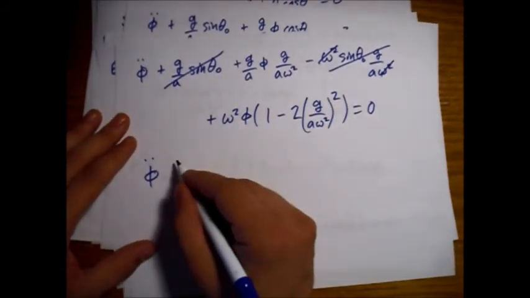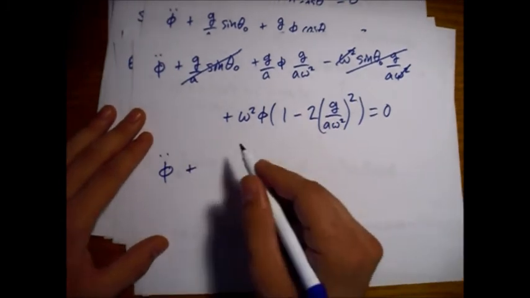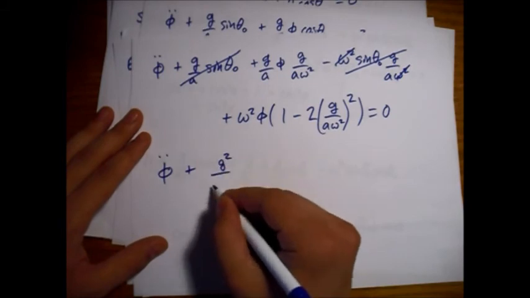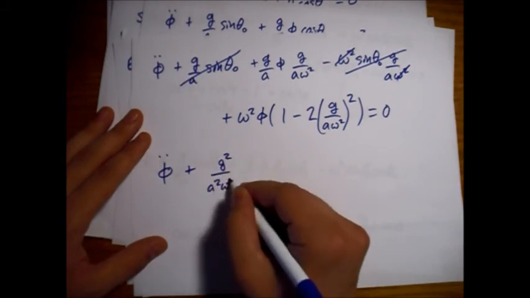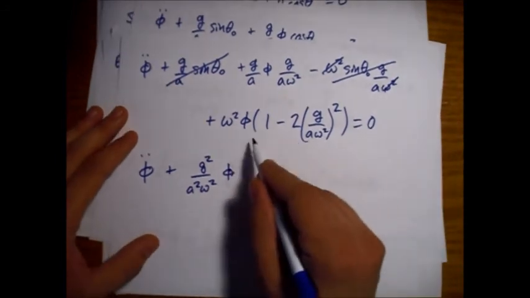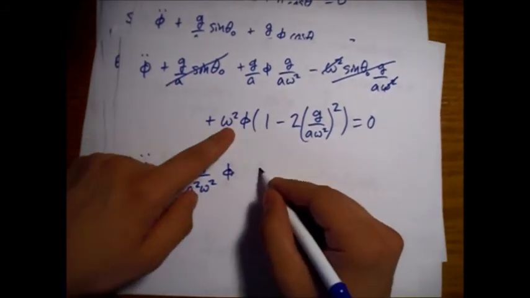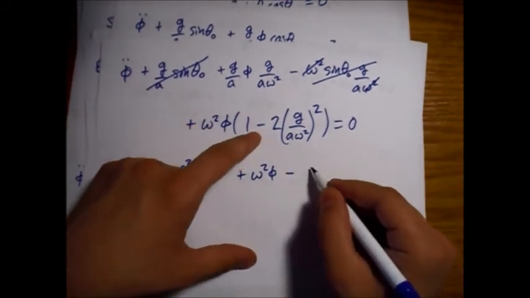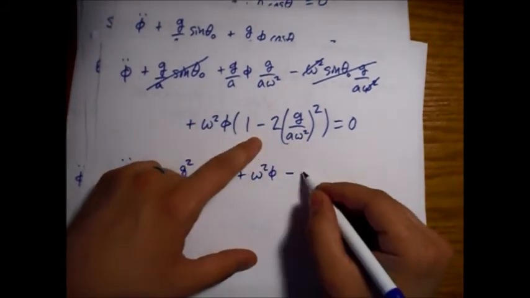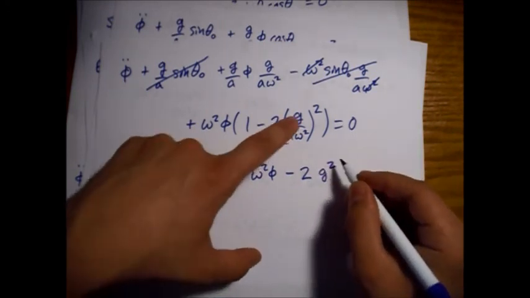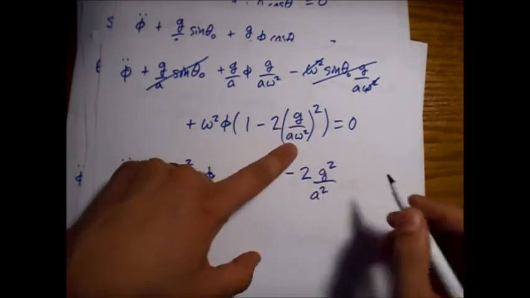So let's go through and simplify some things. G squared over a squared omega squared phi. And then we'll have a plus omega squared phi minus a 2 g squared over a squared.